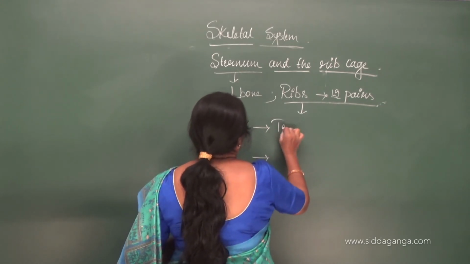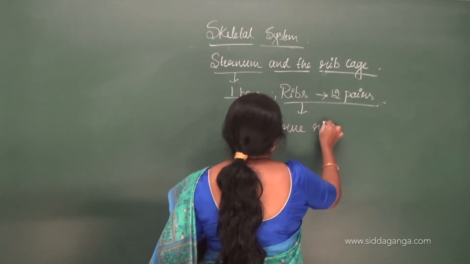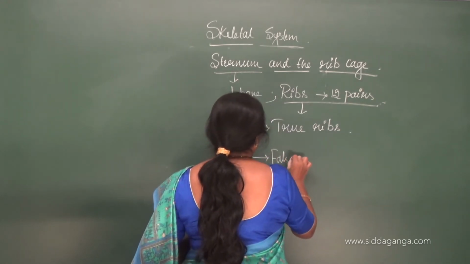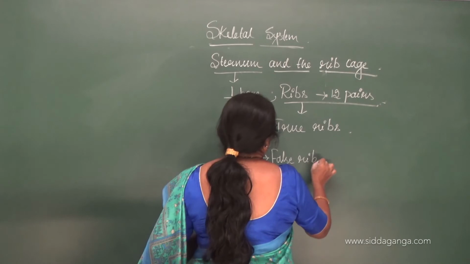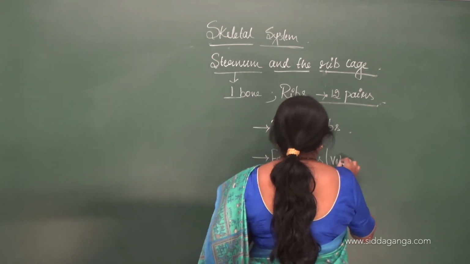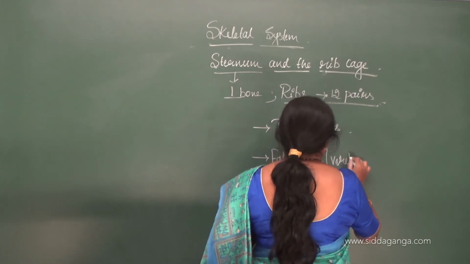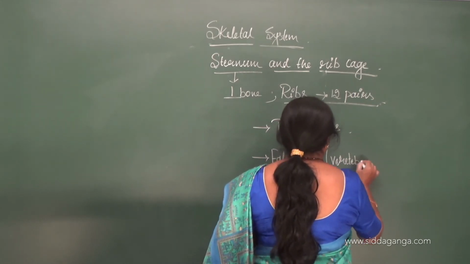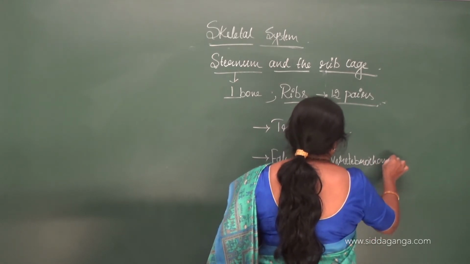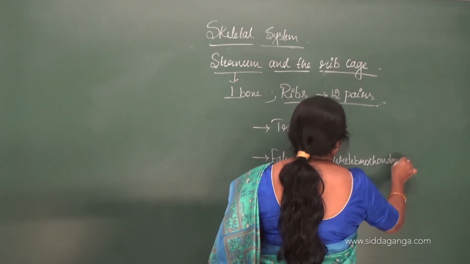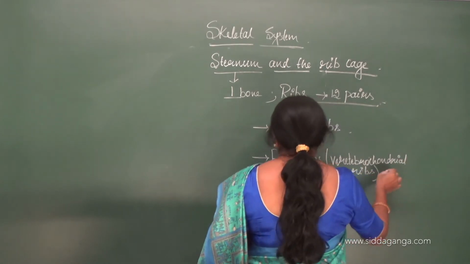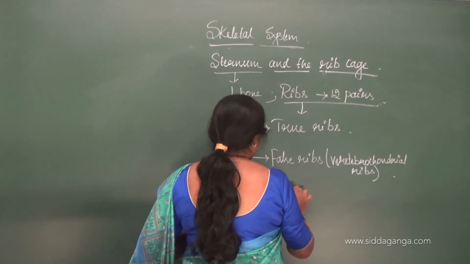The true ribs, the false ribs, they are also called vertebrochondrial ribs, and finally the floating ribs.